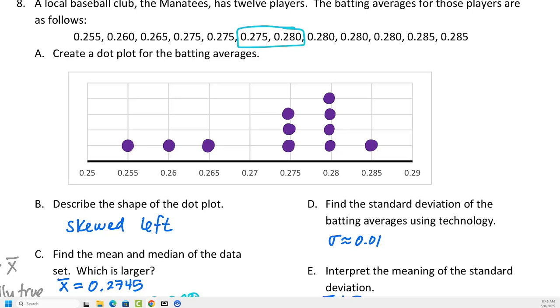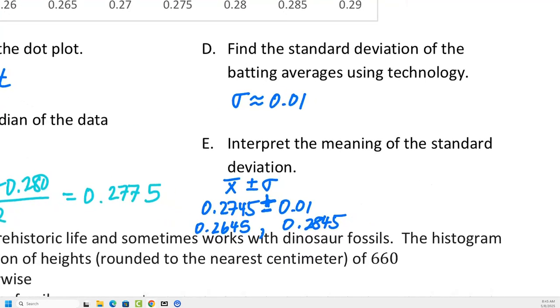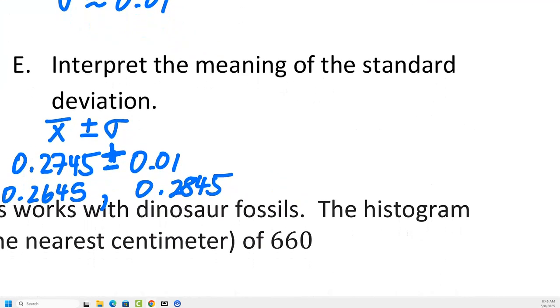Yep, it was 0.001. Okay, so if I want to interpret this here, it just would mean that a typical player has a batting average between those two numbers.